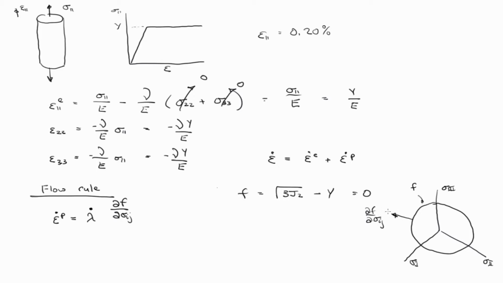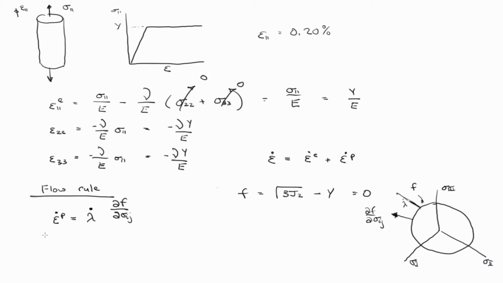It's some vector normal to that surface. And so what lambda is essentially, if we evaluate the stress and we find ourselves out here, lambda is sort of this penalty parameter, this distance outside the yield surface that we're going to bring ourselves back onto the yield surface with. Okay? So this is the direction, and lambda is sort of the magnitude.